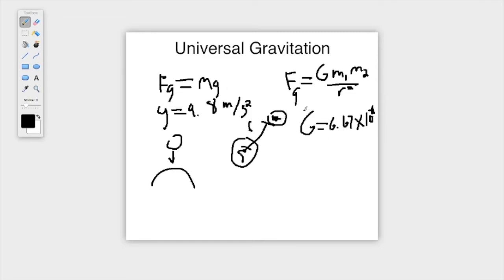This gravitational constant applies to all things in the solar system, so it's good to memorize it. We can use both of these to describe attraction between sources.